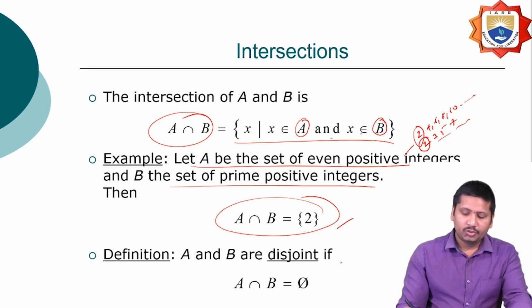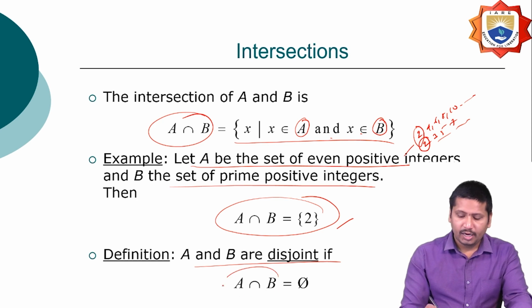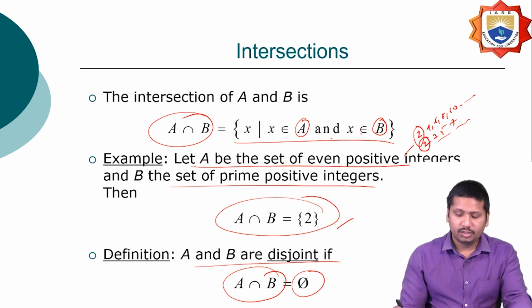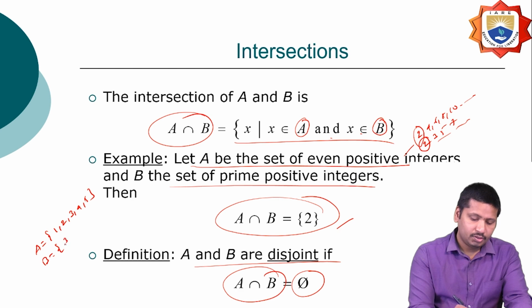How can I say that the sets are disjoint? Whenever the A intersection B does not contain anything, that is, it is the empty set phi, then they are disjoint sets. For another intersection example, suppose A is 1, 2, 3, 4, 5 and B is 3, 5, 7, 8, 9.